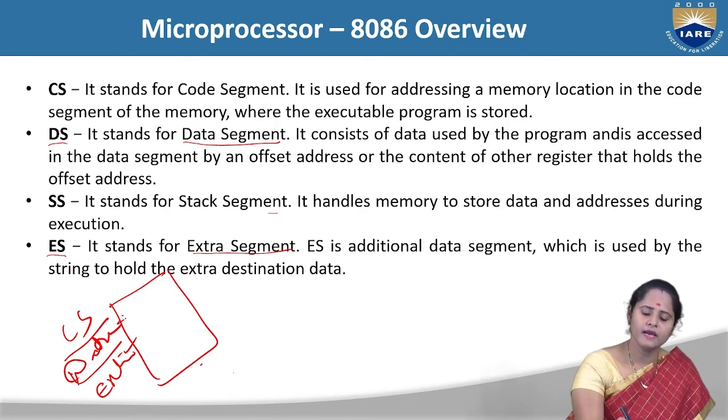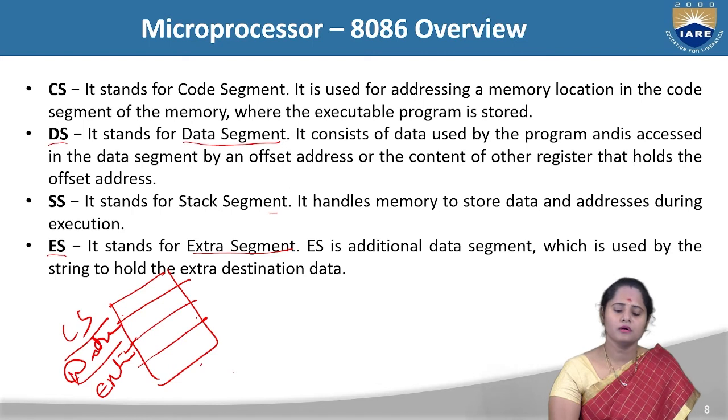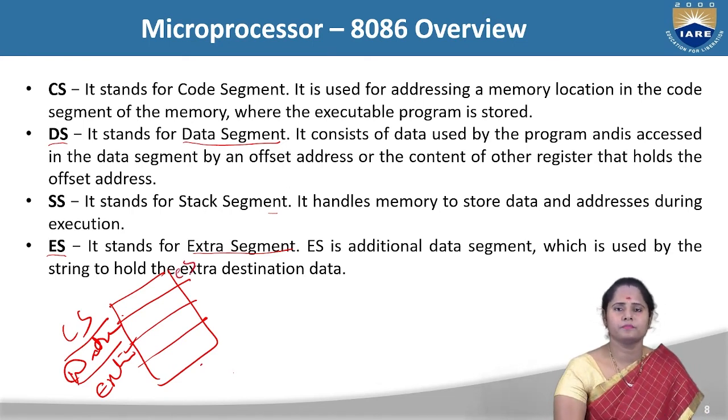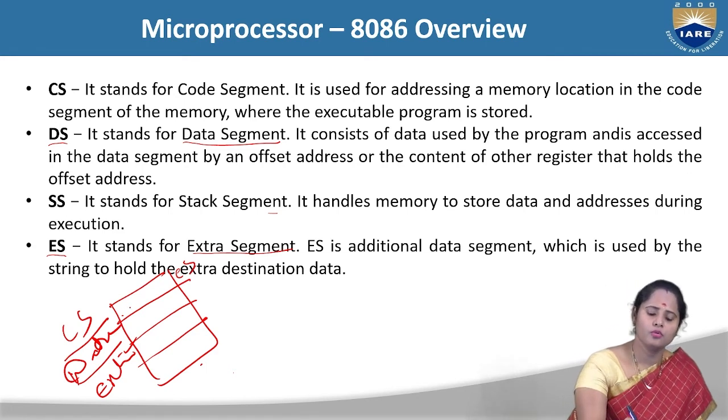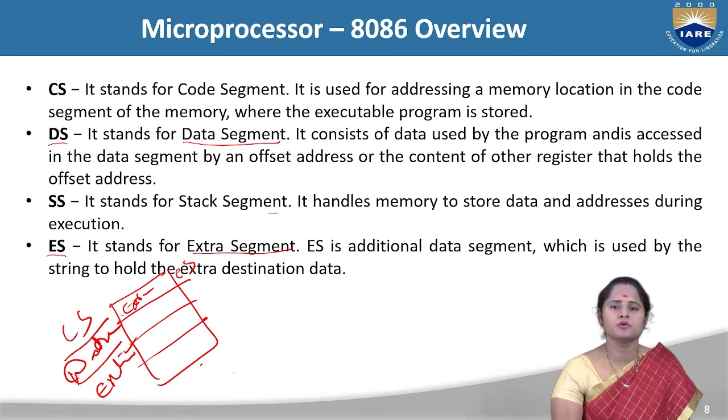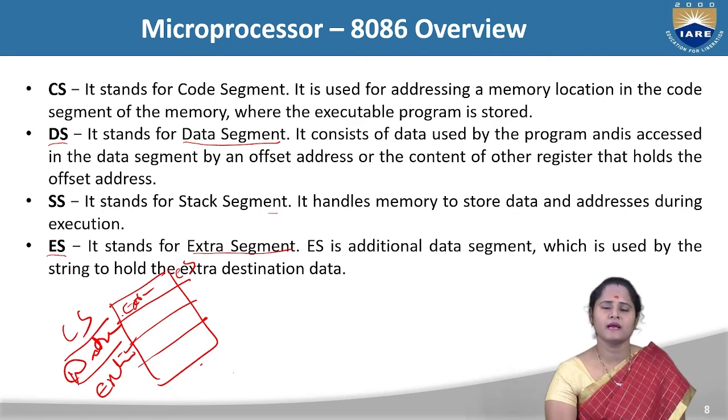So I'm dividing my memory into sections. If I'm writing code in a code segment, my processor knows the code which I need to execute is directly present in the code segment, where I can fetch it directly.